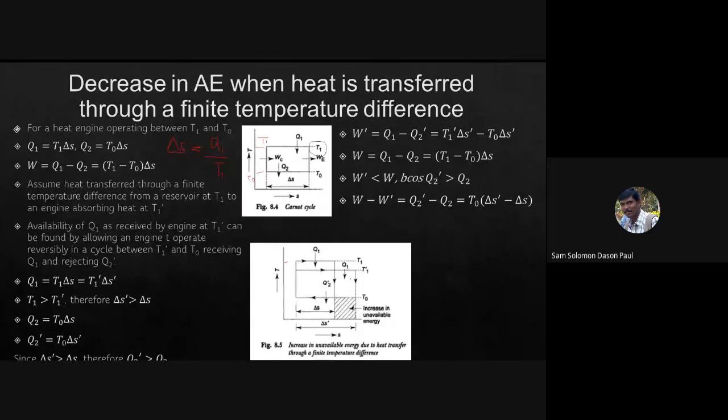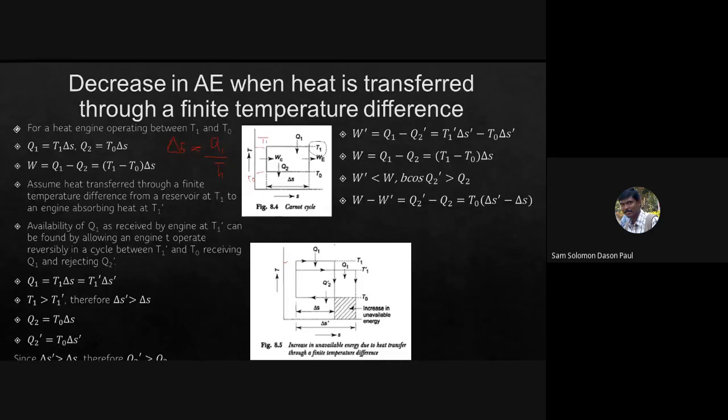The second is to estimate the available energy: we are going to run a reversible heat engine between T1 dash and T0. Initially, when you have temperature at 400 Kelvin, say T1, you have a certain amount of energy, which we call T1 into delta S, just like we did for the Carnot cycle in figure 8.4.